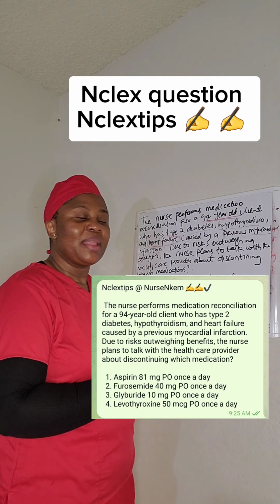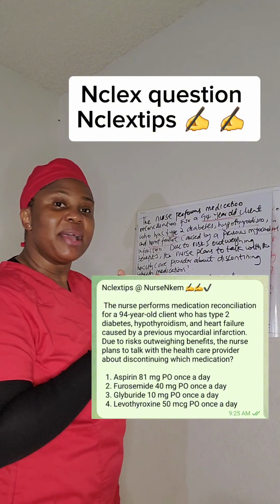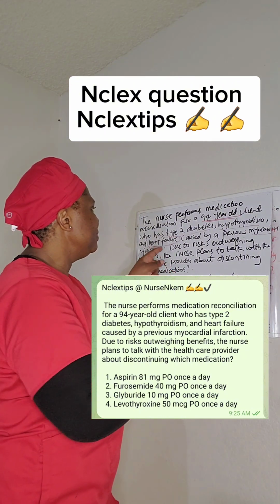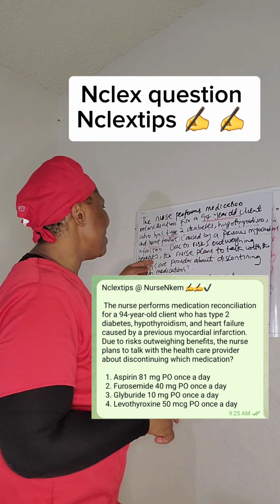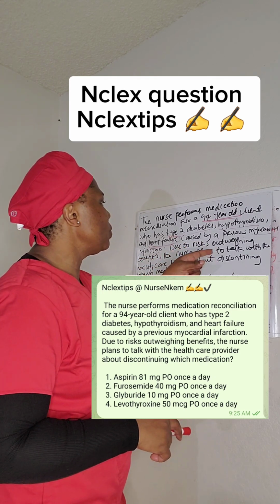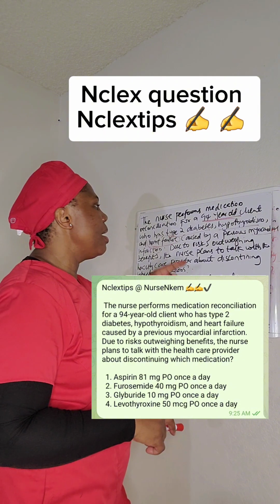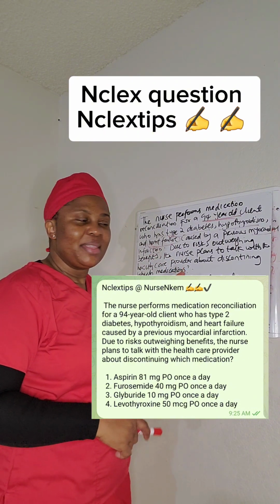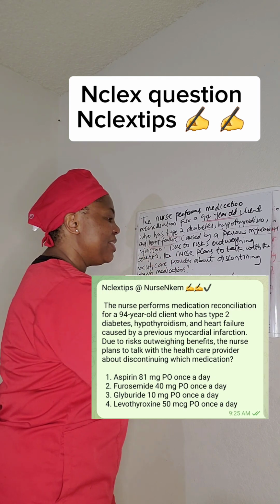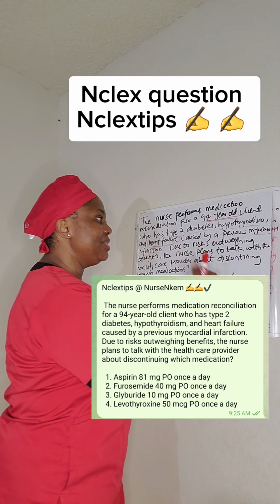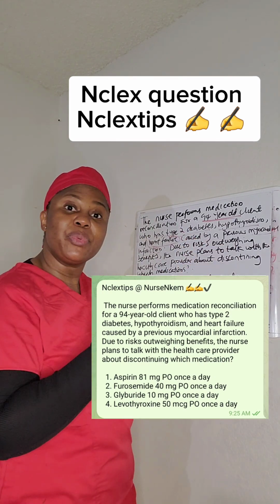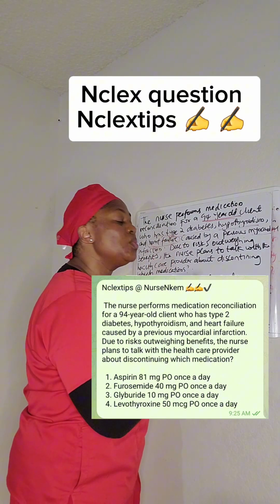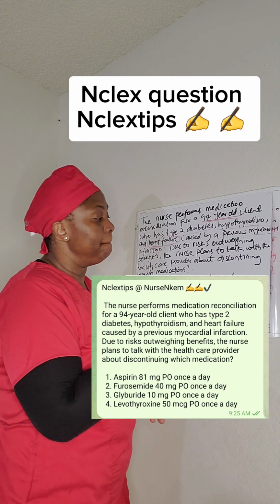As you are doing this, always pay attention to the last sentence. Due to risk outweighing benefits, the nurse plans to talk with the healthcare provider about discontinuing which medication. As you are trying to select the correct option, always pay attention to the last sentence, which will help you select the correct option and also help you prevent mistakes.